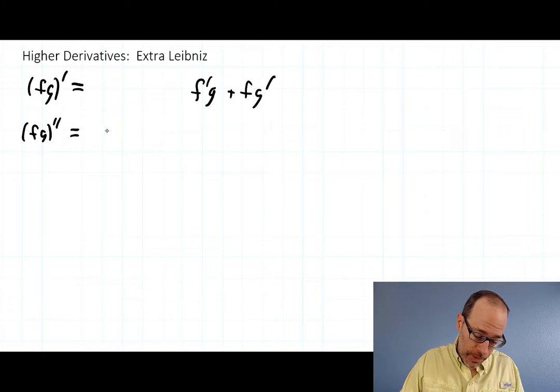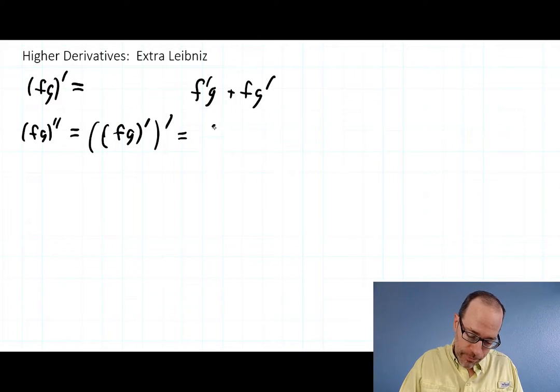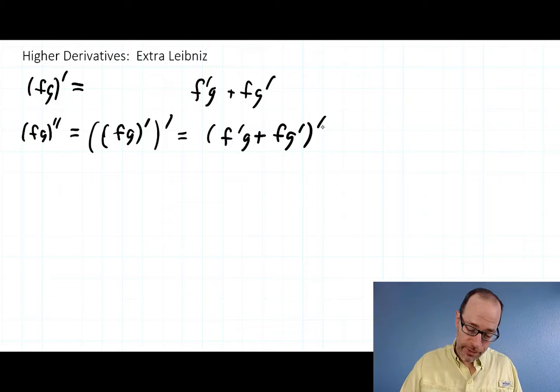Well, the way you do two derivatives is to first do one derivative, and then after you do that, do another derivative. So, product rule, f prime g plus f g prime. We still owe another derivative.